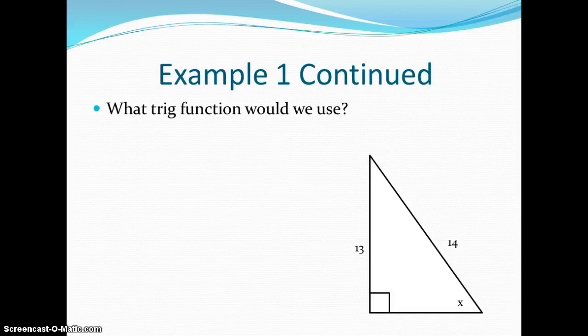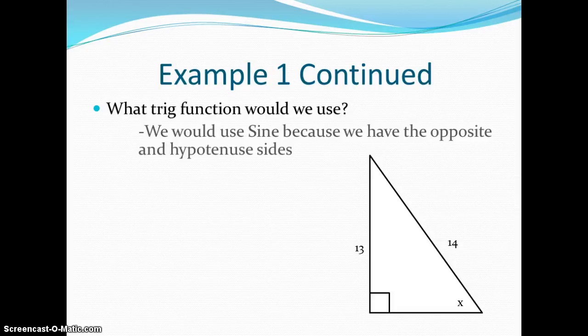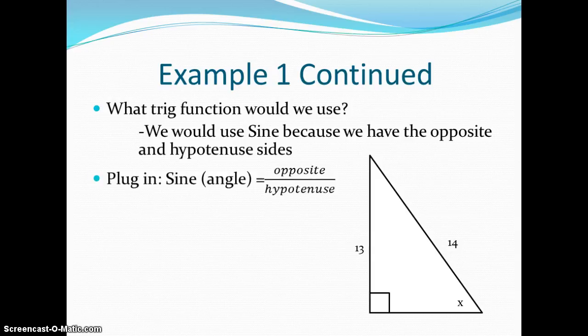So if we have opposite and hypotenuse, then we would use sine. So we're going to plug in the sine of the angle equals the opposite over the hypotenuse. Same thing we were doing the other day. So the sine of x degrees equals 13 over 14.